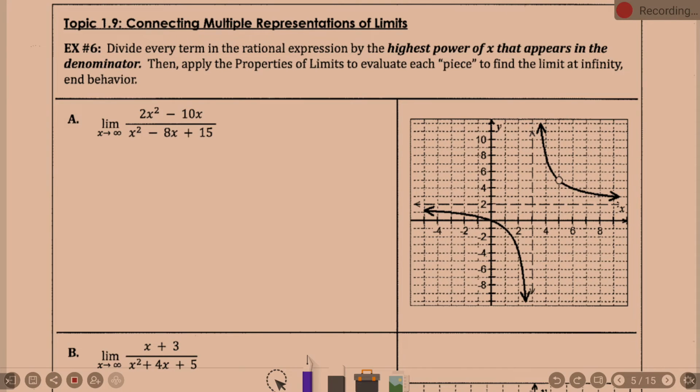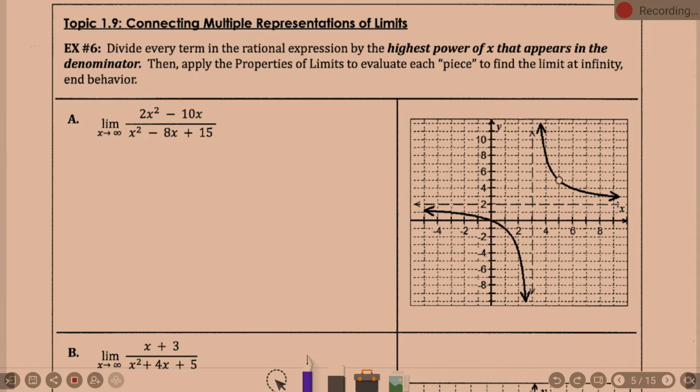Again, the idea is if you don't have the graph to look at, how do we officially do this? Now, in all honesty, you're going straight to the shortcut, right? We're just going to talk about the why behind it, okay? But you're going straight to the shortcut.